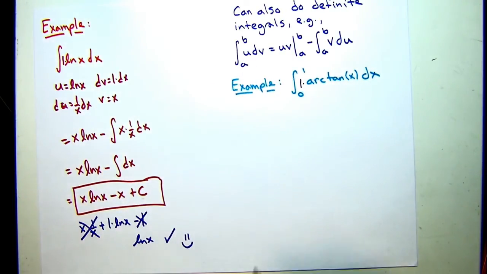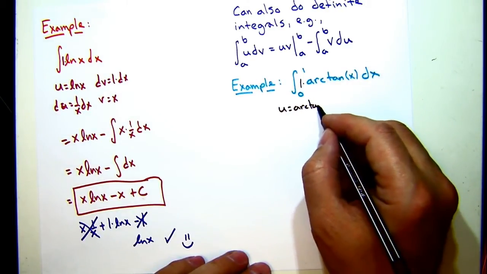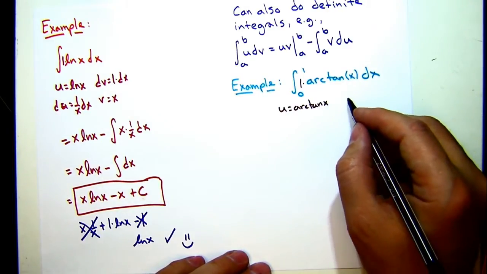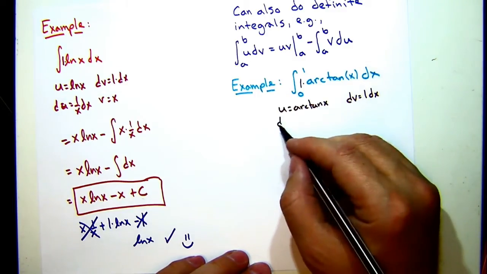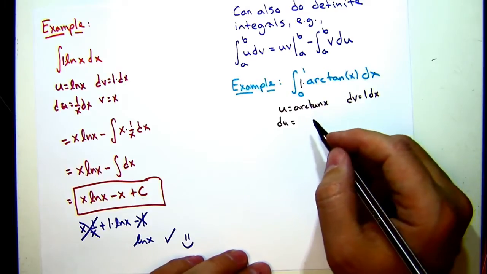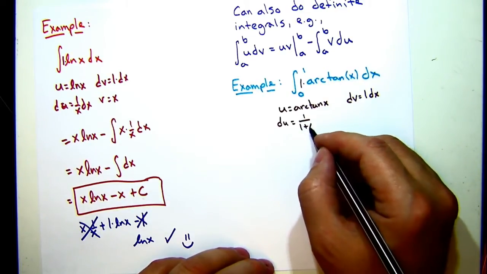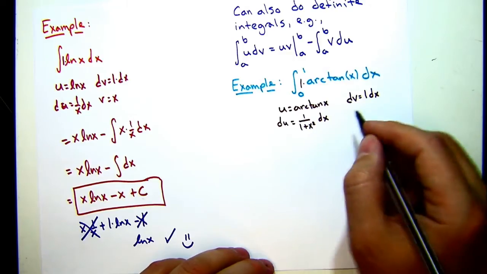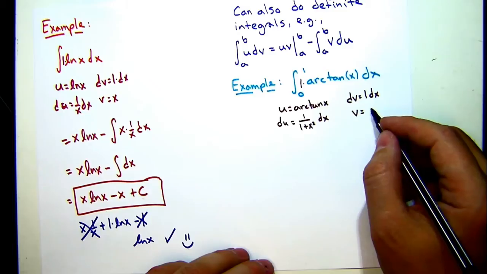Okay, again, it's like the log. So what we're going to do is put a 1. We're going to let u equal arctangent, and then we're going to let dv be 1. So that du, derivative of arctangent, is 1 over 1 plus x squared.